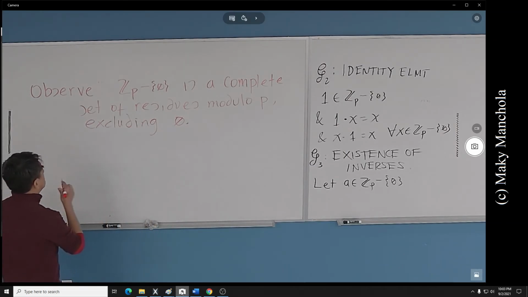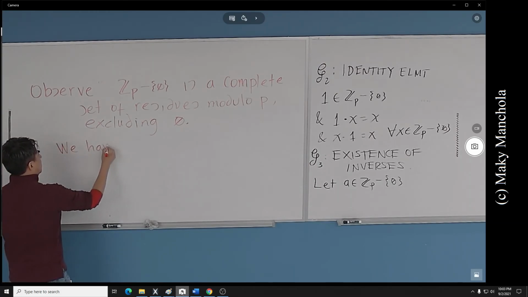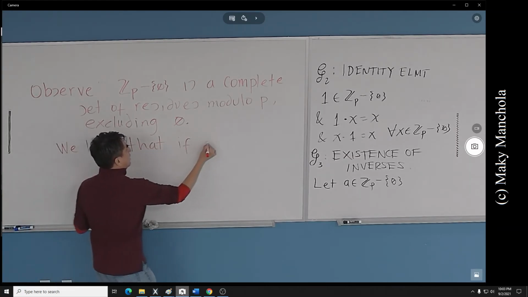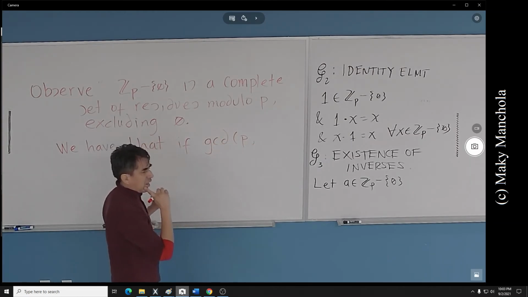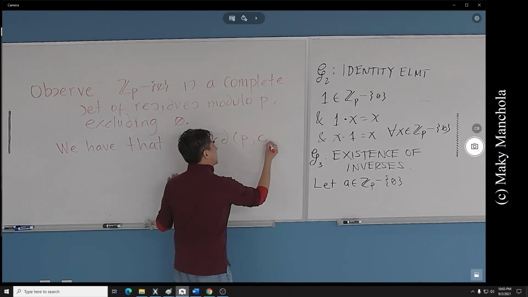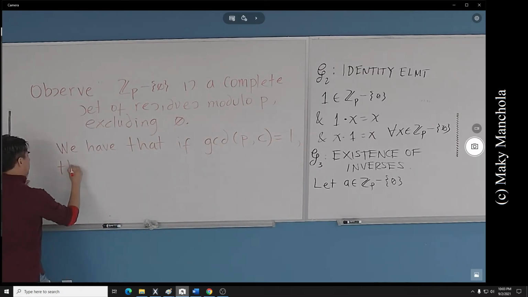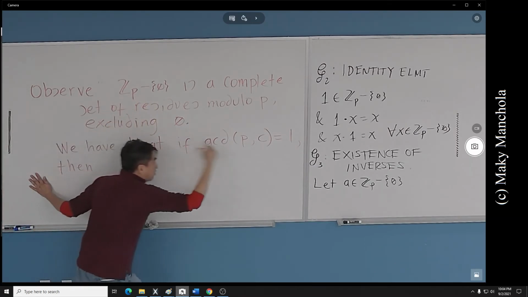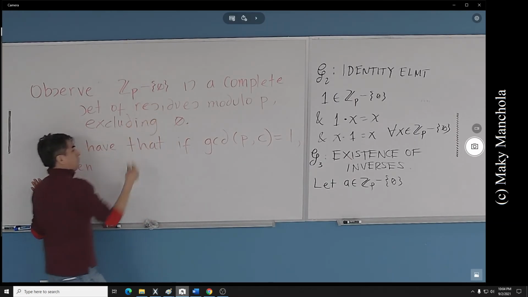So we have that if the greatest common divisor of P and some other integer, let's call it C, equals 1, then all elements of this set multiplied by C is a complete set of residues excluding 0.